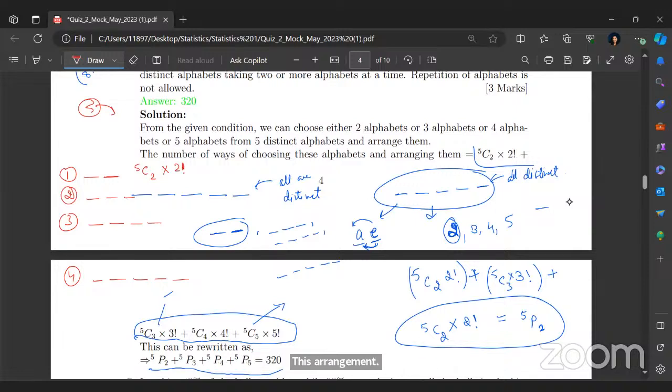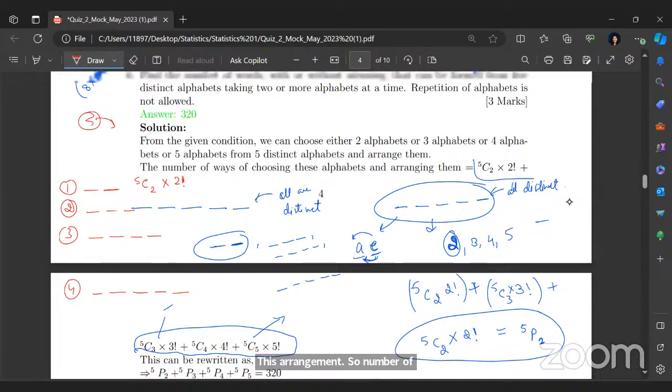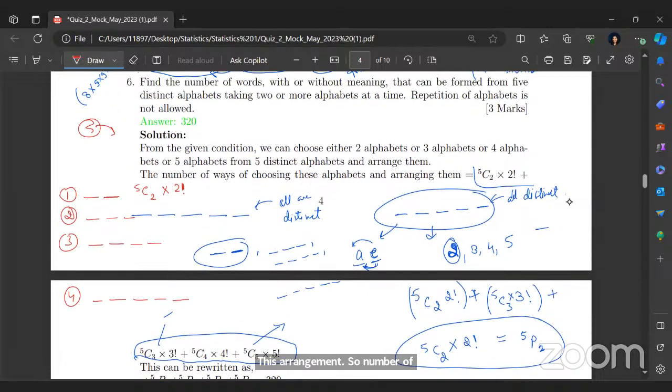So the number of words that you can make using any 2 alphabets, with or without meaning, is 5 choose 2 times 2 factorial, right? And this will give you 5 into 4, which is 20.